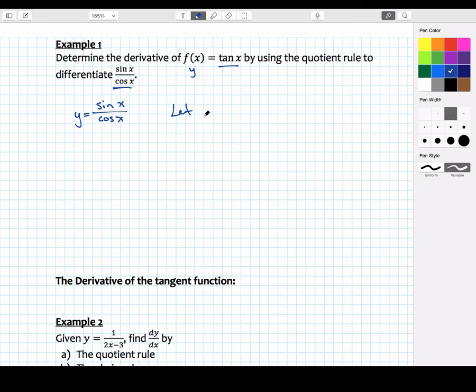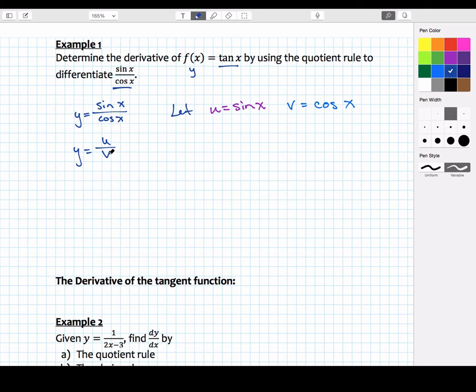Sine x is u. Very good. Obviously, we're going to let u equal sine x, and let v equal cosine x. And therefore, our function, now, y equals u divided by v.